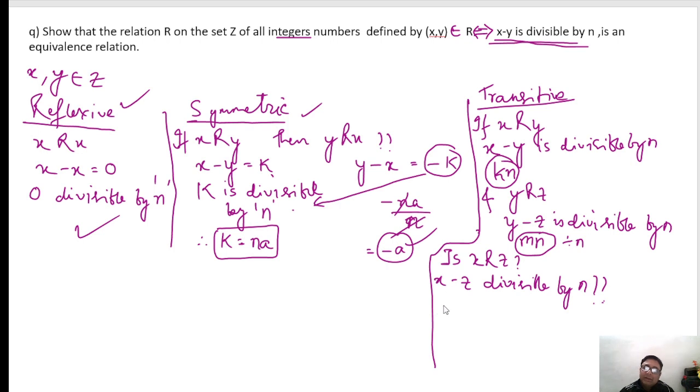What is x minus z? x minus z, I can write x minus y plus y minus z. So x minus y is na, plus y minus z is mn.